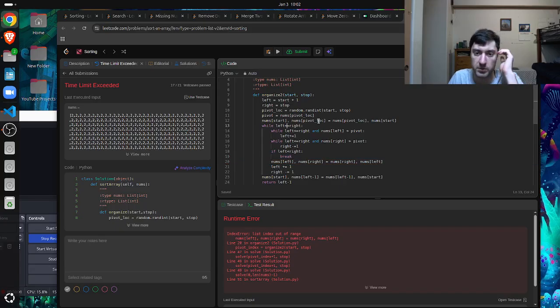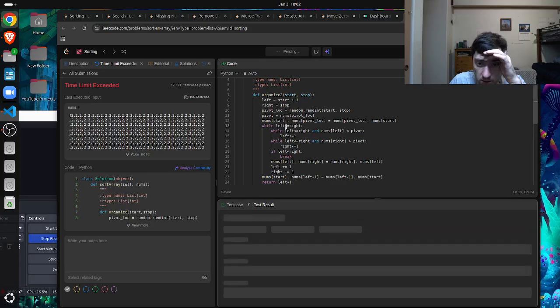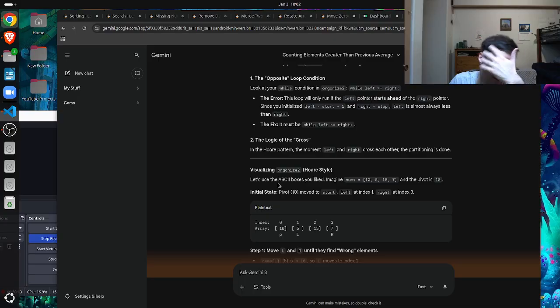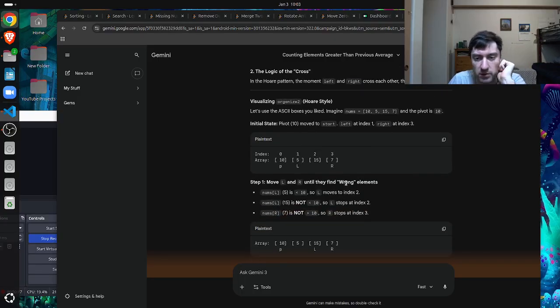Okay, that makes sense, but we're still going to get... yeah, that part was just oops. This part, I want to find the fundamental misunderstanding that I'm having in the Hoare pattern. The moment left and right cross each other, the partition is done.